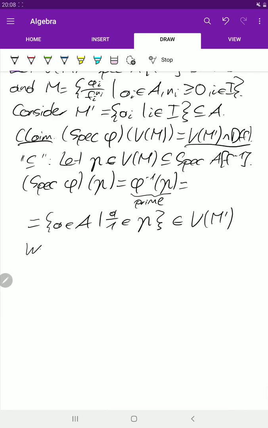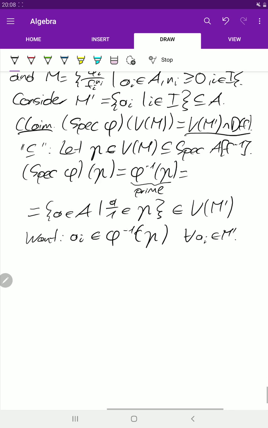So what we want is that a_i are in phi inverse of P for all a_i in M prime. And what do we have? Well, we have a_i divided by f to the n_i is in P for all these a_i.